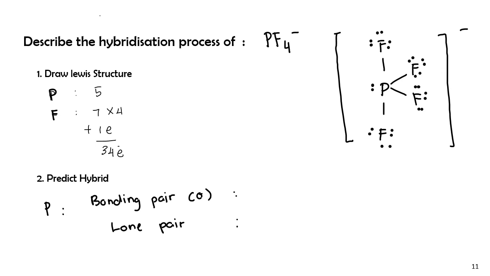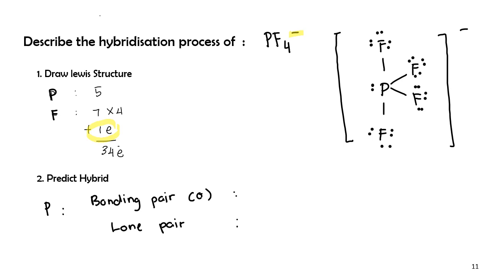The next example is PF4 minus. So when you draw the Lewis structure, you need to include the extra electron because this is negatively charged, therefore you need to add 1 electron.